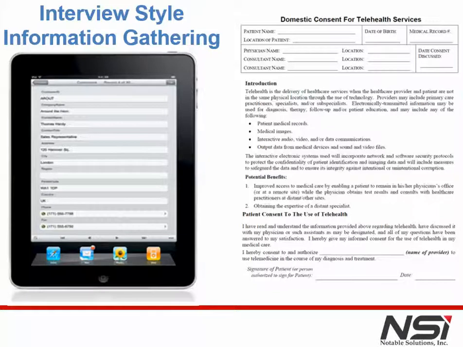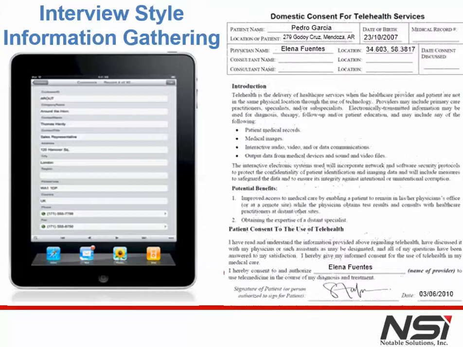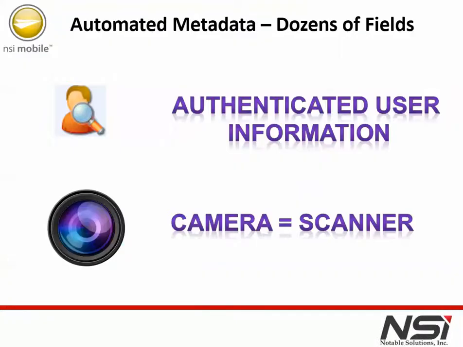Once that information is gathered and submitted securely to the hospital NSI server, we can write that information onto the existing forms that the hospital has, including the signature capture from the iPad. So we're filling out the hospital's existing form.